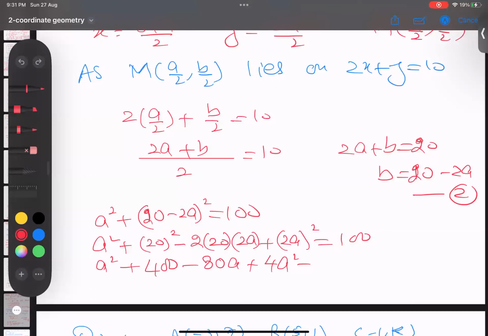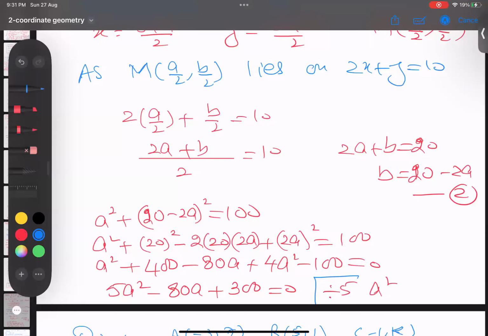I bring the 100 to this side, no issue at all. So 4a square and a square become 5a square, then negative 80a, and plus 300, equal to 0. Divide the whole equation by 5. I get a square minus 16a plus 60 equals 0.